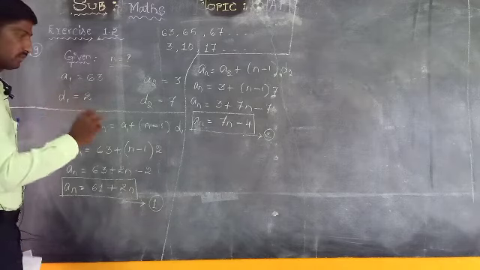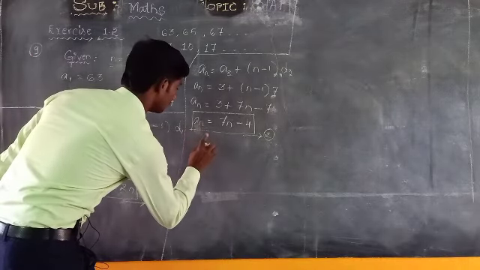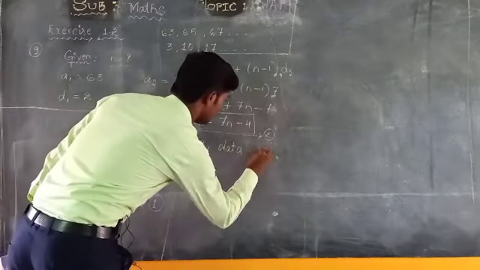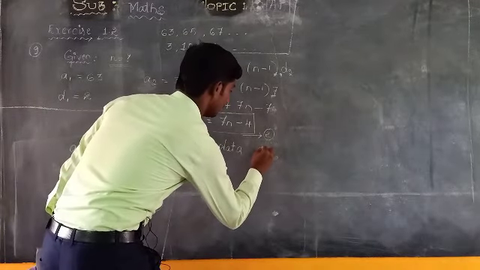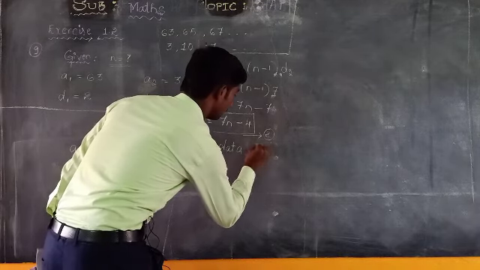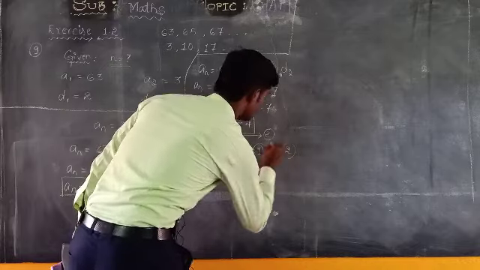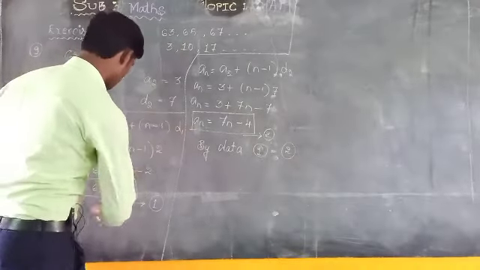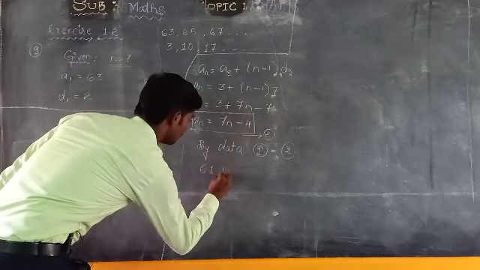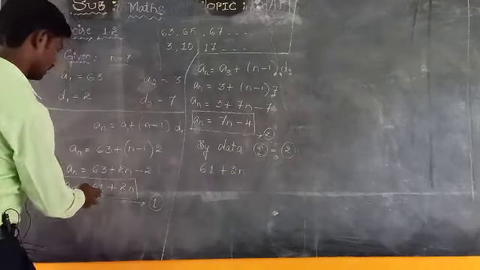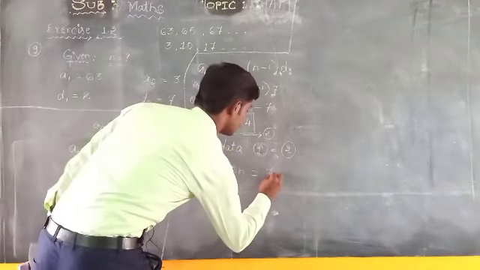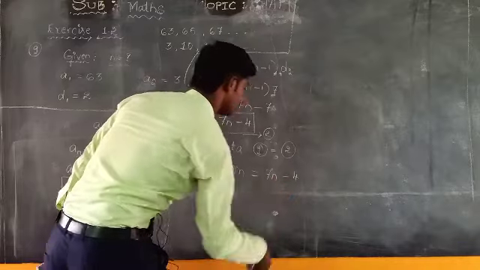So by the data, equation number 1 equals equation number 2. Therefore 61 plus 2n equals 7n minus 4.